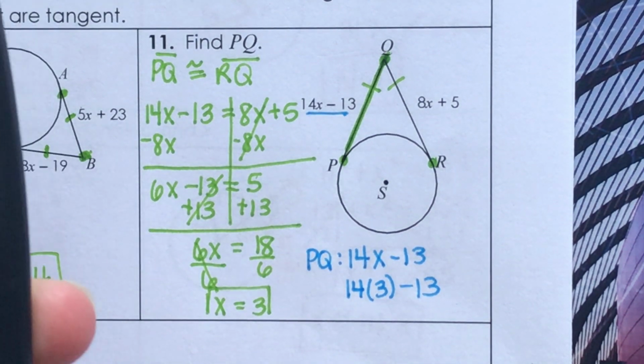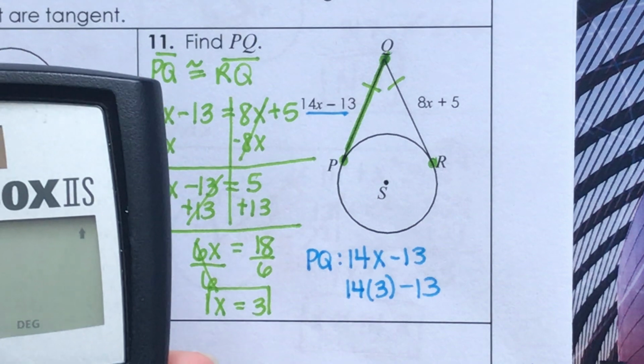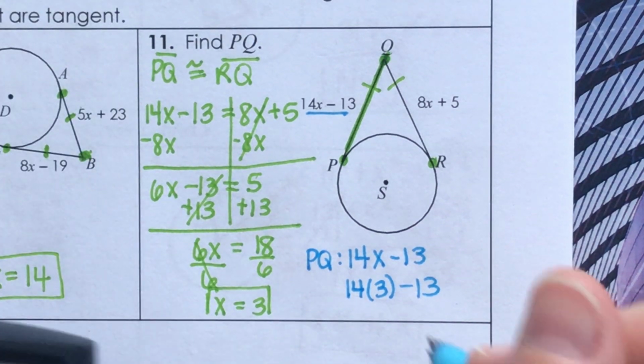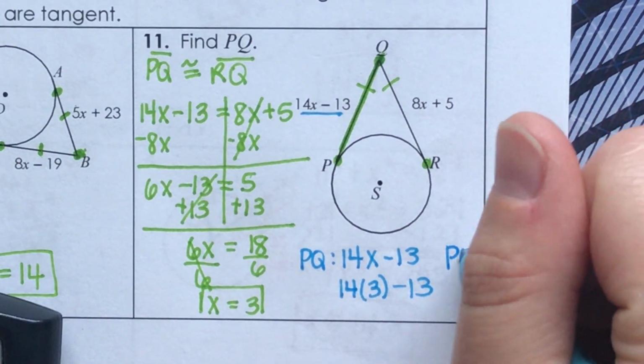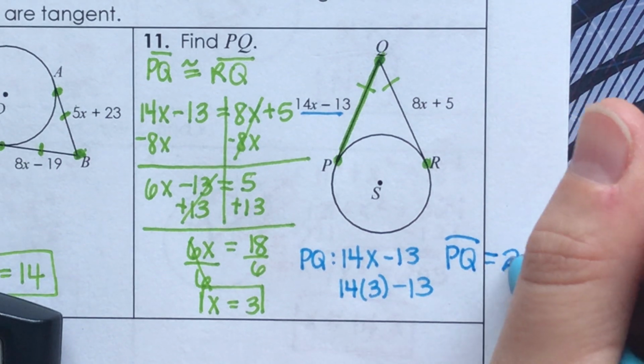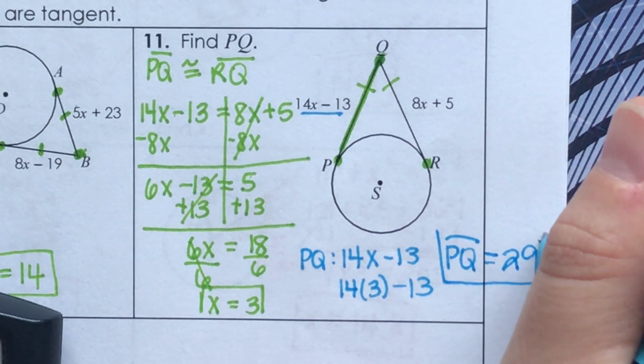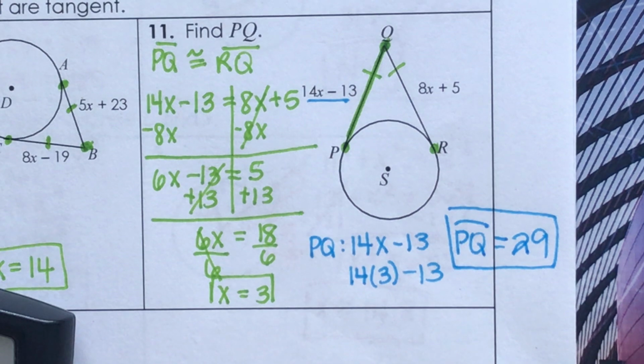So 14 times 3, 42. I subtract 13 from it. I get that PQ is equal to 29. So make sure you're reading what the question asks you to do and you're following all the directions so that you answer the question completely.